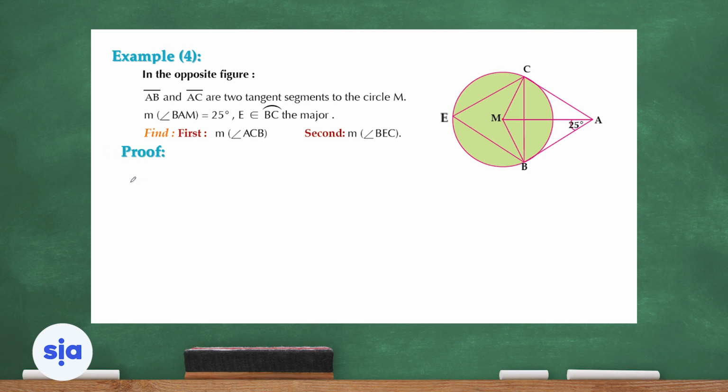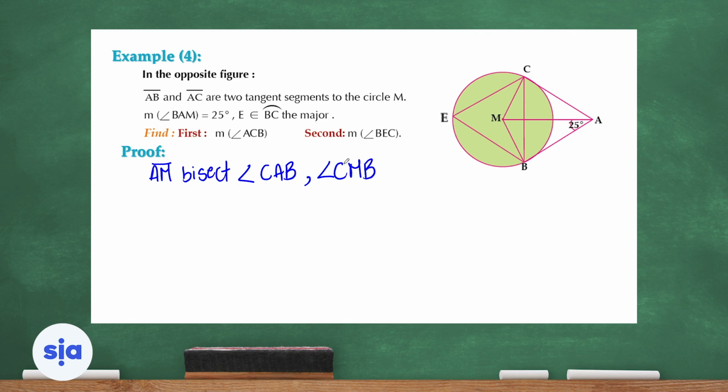As you can see here, AM bisects angle CAB, and also it bisects angle CMB.